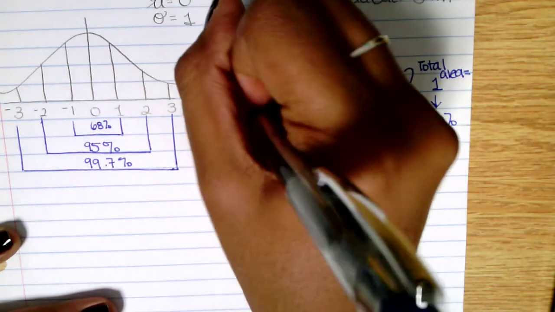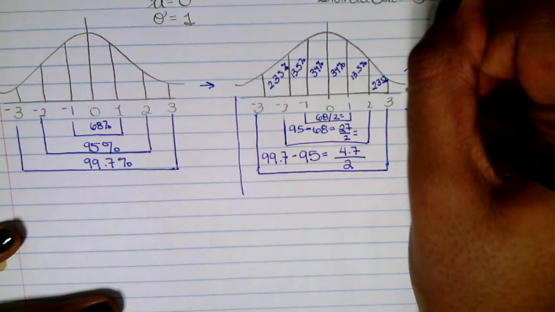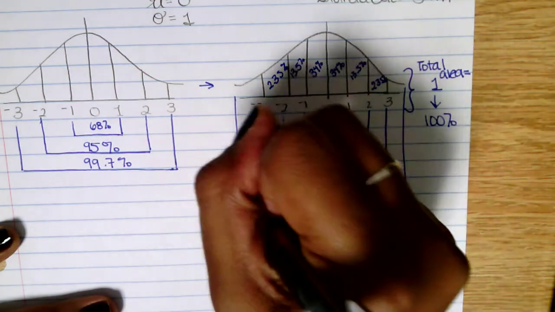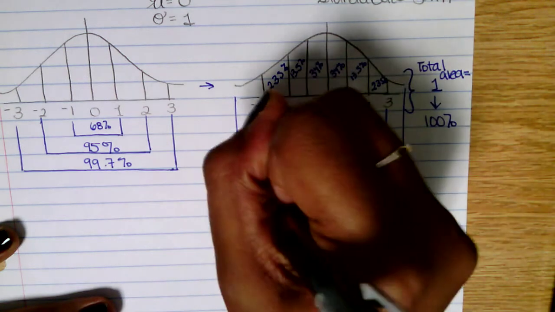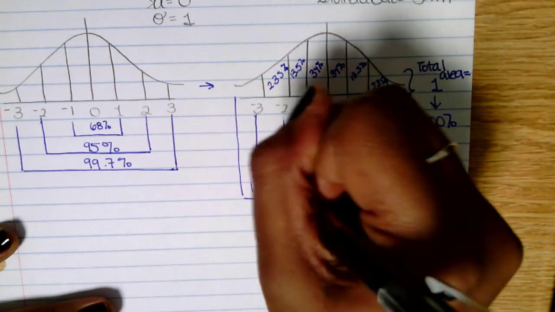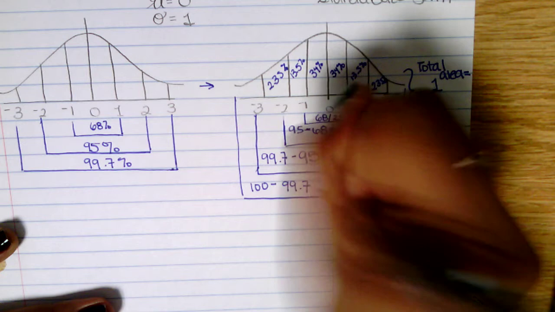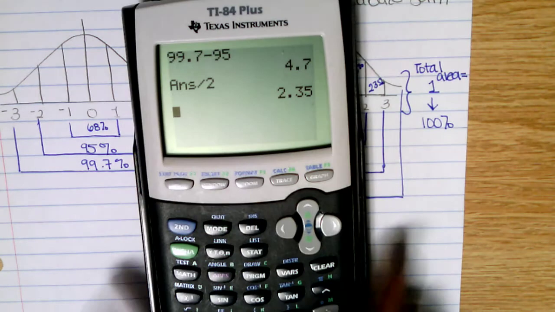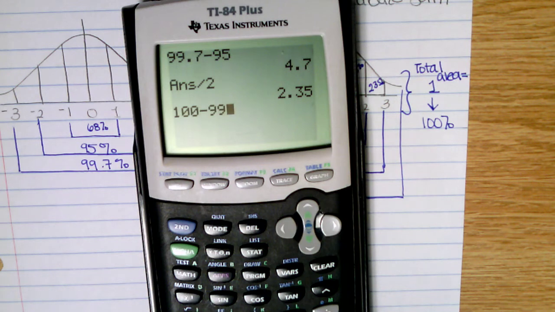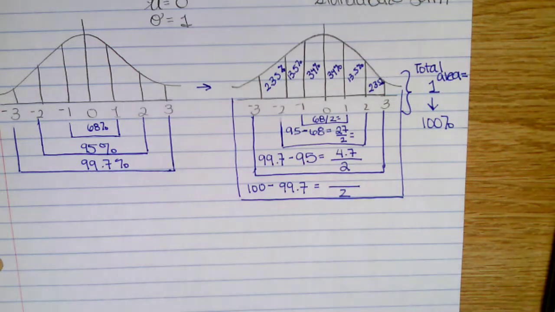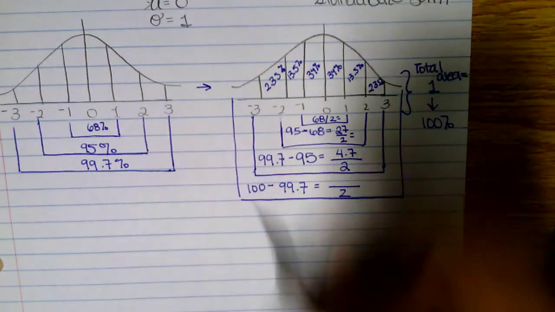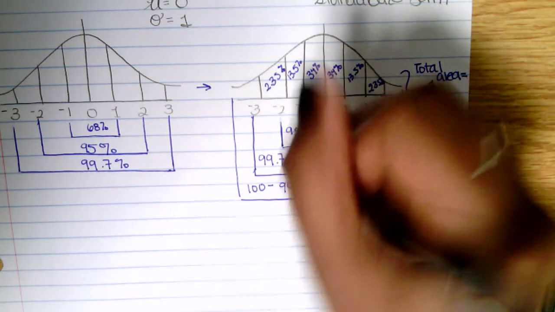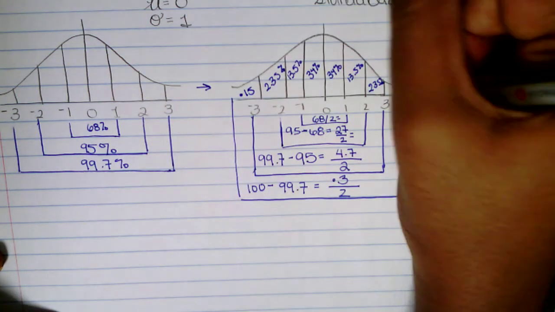For this last little part, we could do 100 minus 99.7, and whatever that is, we'll divide it by 2, which is 0.15, or 15%.